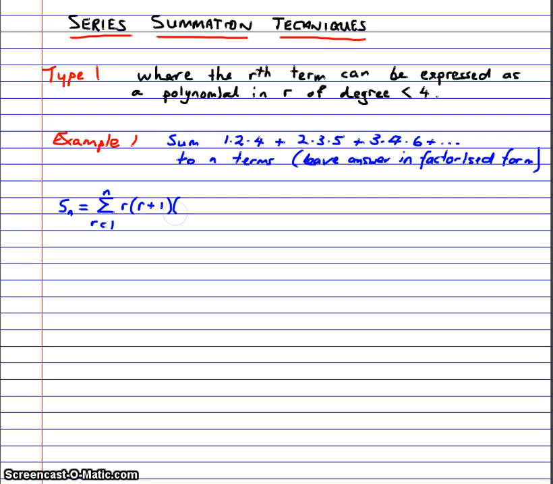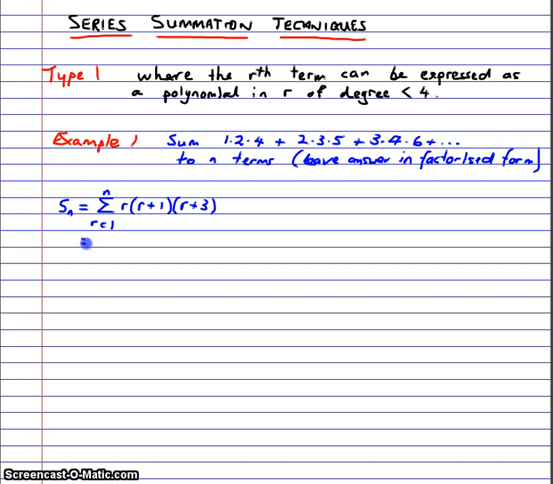Now the third factor also increases by 1 each time, and so again the coefficient of r is going to be 1, but because we're starting at 4 for the first term, we need to write r plus 3. Okay, so in terms of just writing the rth term as a factored expression, it's r times r plus 1 times r plus 3.